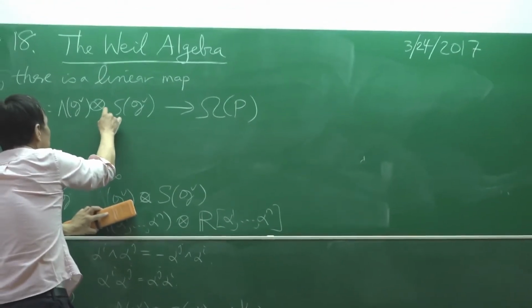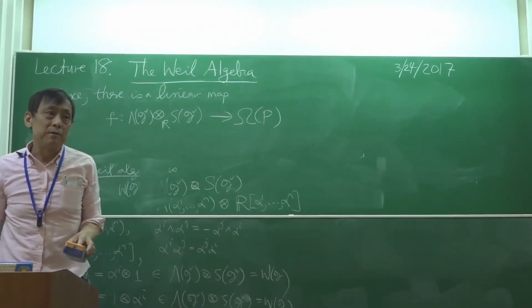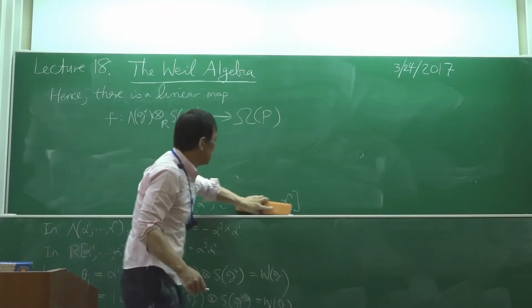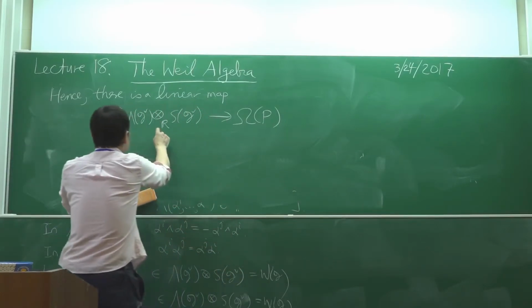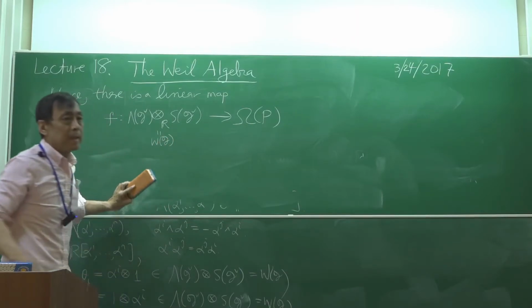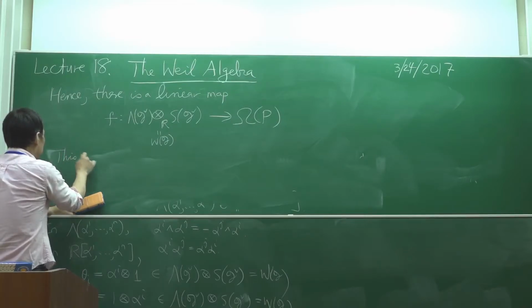Here, the tensor product is over R. These are all R modules. And that is the Weil algebra. So this is called the Weil map.